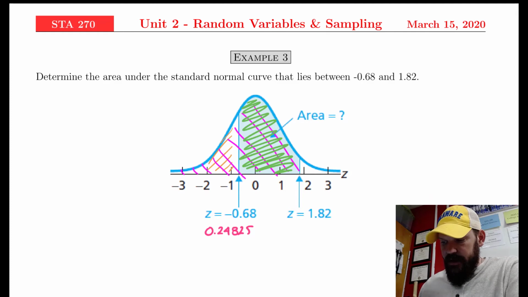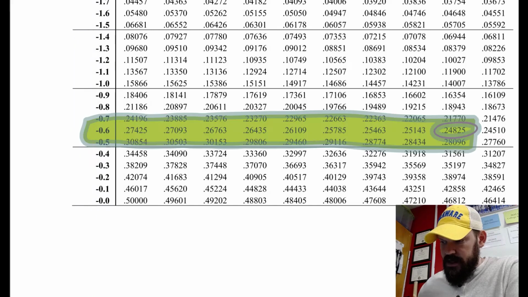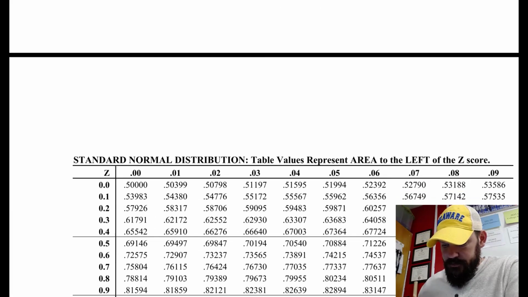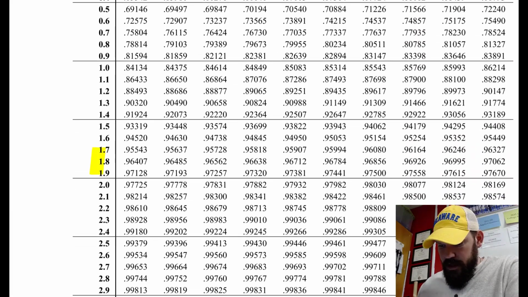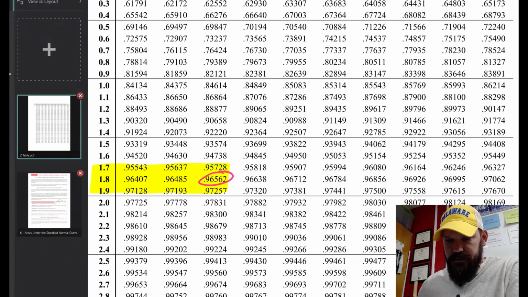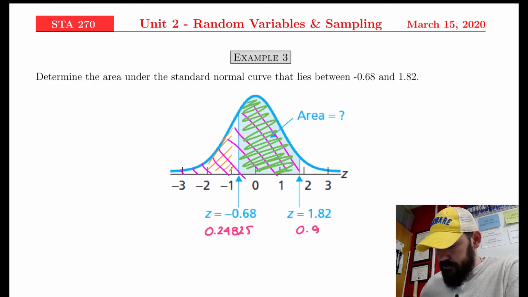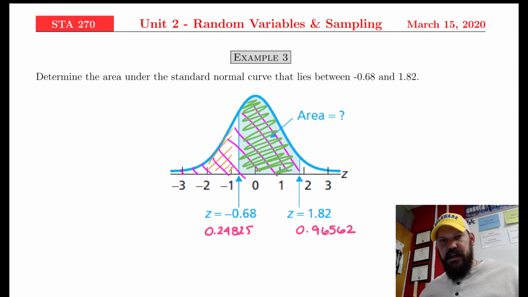Now we need to find the area that lies to the left of 1.82. So that's going to be on the second page. 1.82 is going to be 0.96562. And that's the area that we shaded in pink.